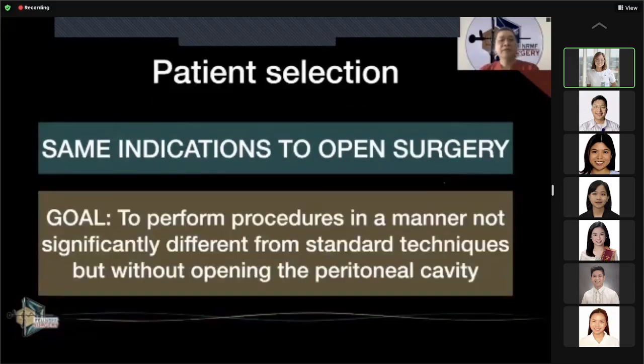The goal is to perform the procedure in a manner not significantly different from that of the standard technique, but without opening the peritoneal cavity. So you save the patient from much pain, and also from complications of infection and incisional hernias. Laparotomy has a higher chance of incisional hernias. And in a usual exploratory laparotomy incision, you expect 30% of these patients will develop incisional hernia in the future. So in laparoscopy, you don't have that problem of incisional hernias.